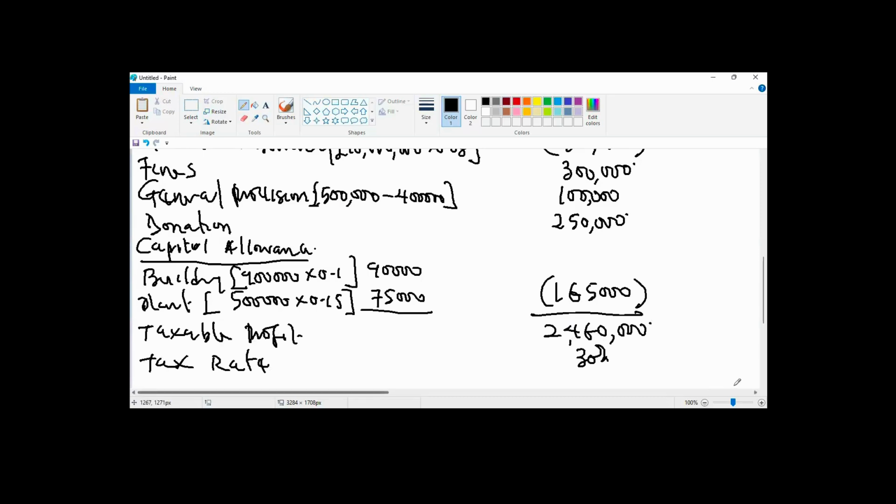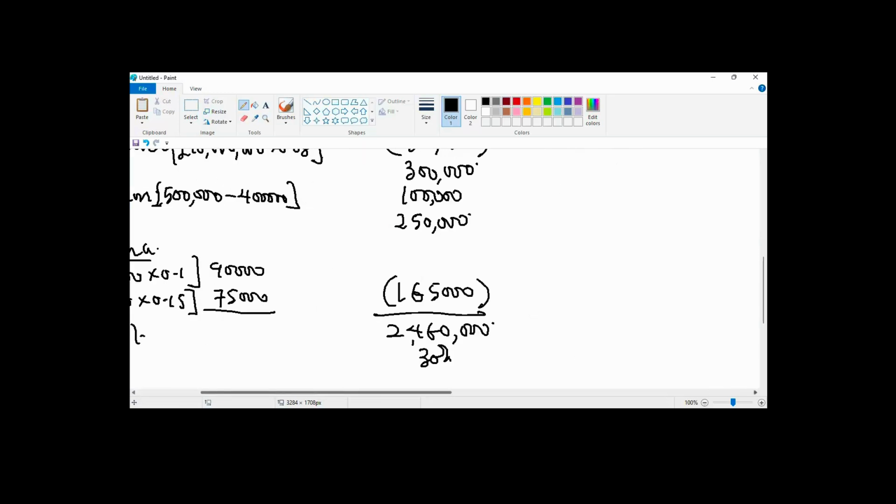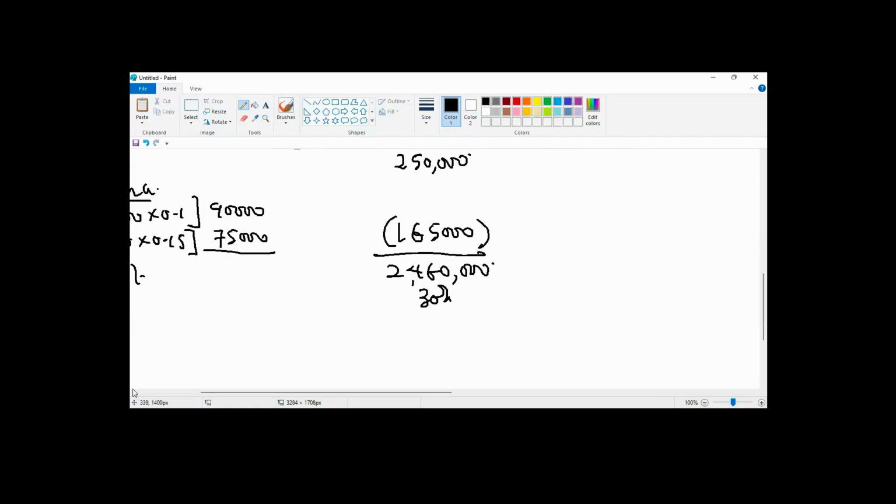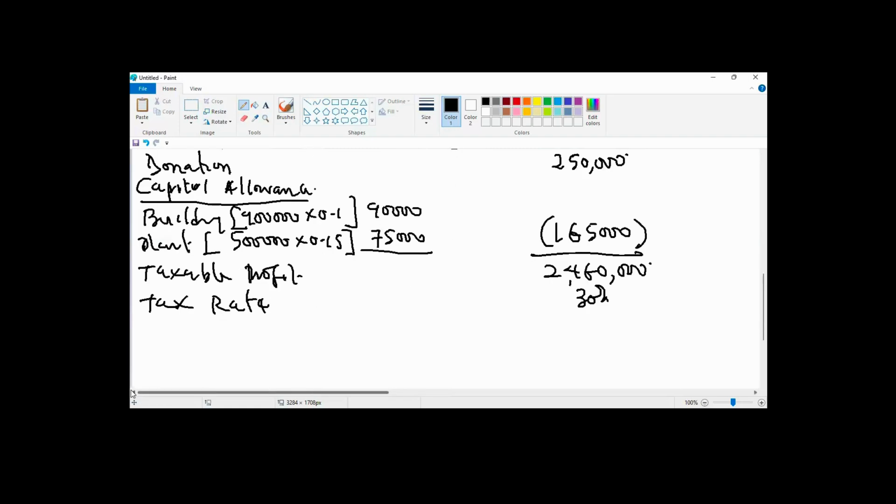So tax rate times taxable profit will give me the current tax: 738,000. That is it.